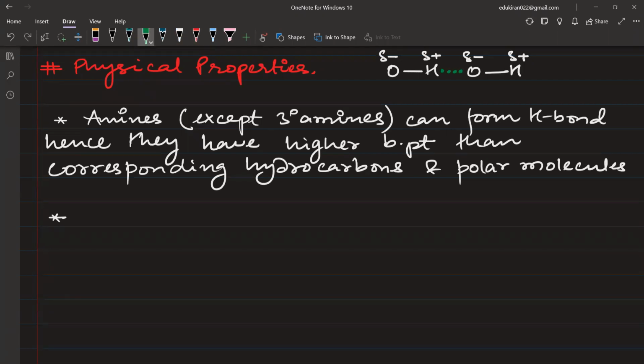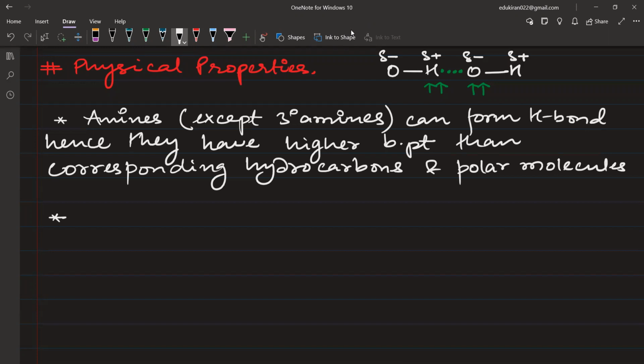This interaction is so strong that it has been given another name, hydrogen bond. But in the case of nitrogen, which is less electronegative than oxygen, the partial negative charge on the nitrogen atom will not be that strong.